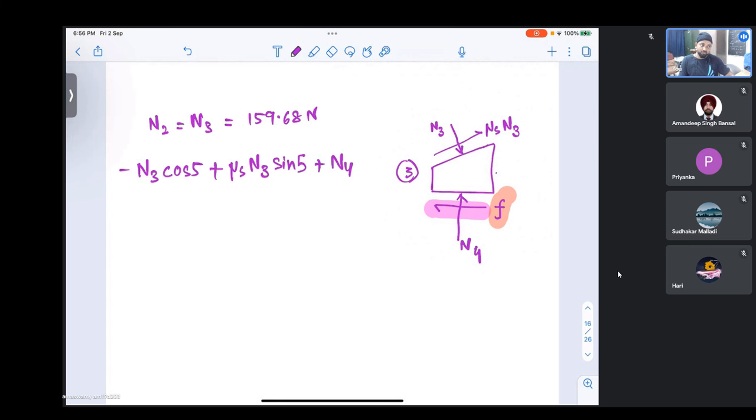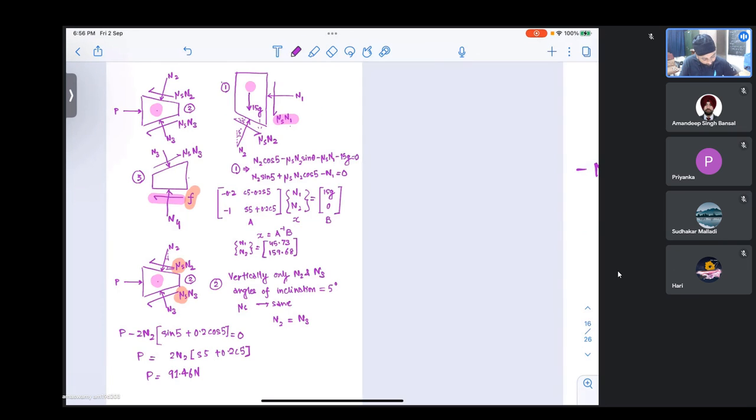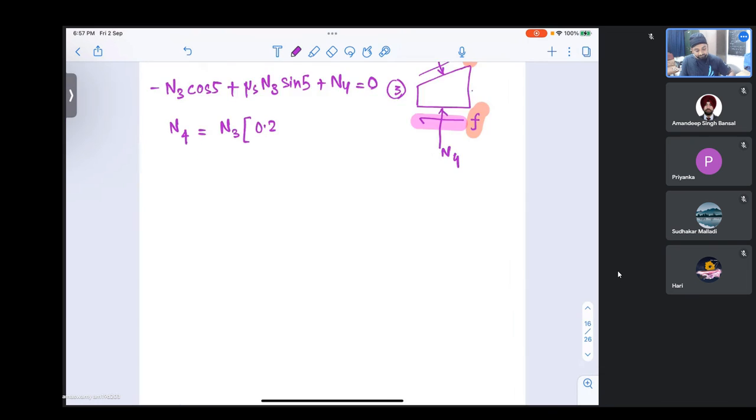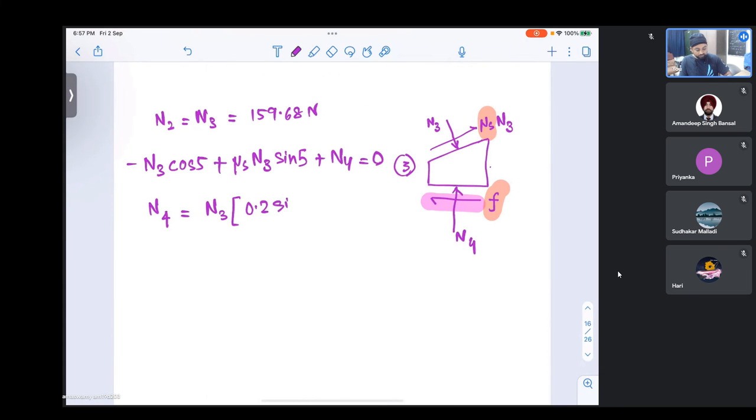And since the floor is horizontal, our friction will be along that and it will not have any vertical component. This comes out to be 0. So from here we can calculate what is N4. This coefficient of friction is still 0.2. I think it was 0.2. Just confirm once. 0.2, yes. So it is 0.2 sine phi minus cos phi.